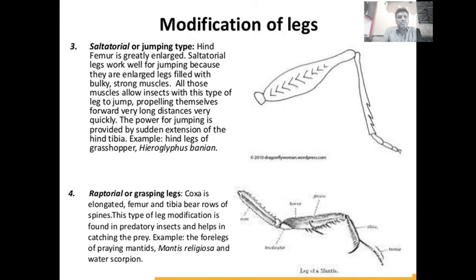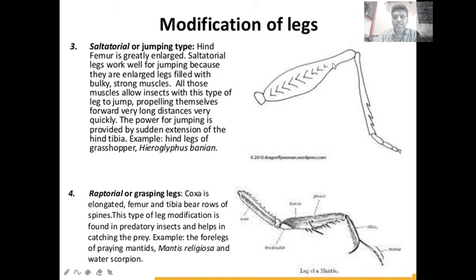Number 3 is Saltatorial or jumping type of insects. In jumping, you have seen grasshopper. They are very fast in jumping, and especially the hind leg.